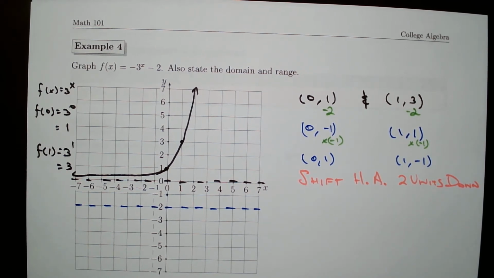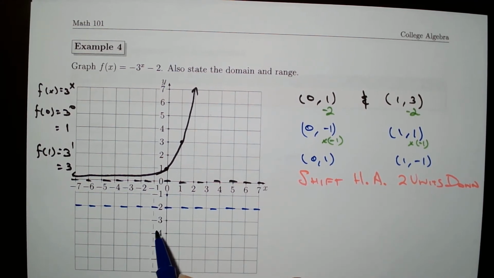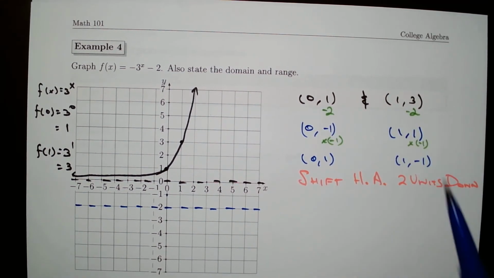So the points that get shifted from there, in the second table, when x is 0 I get negative 3. We need to be very careful. Yes, I should have done the shifting the other way around.